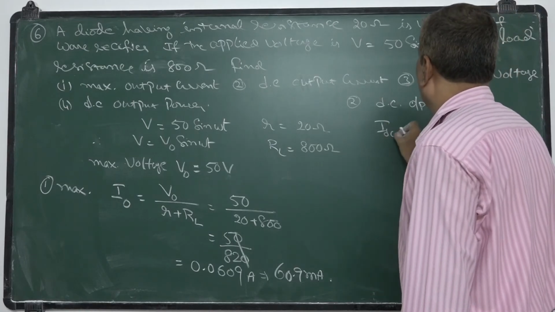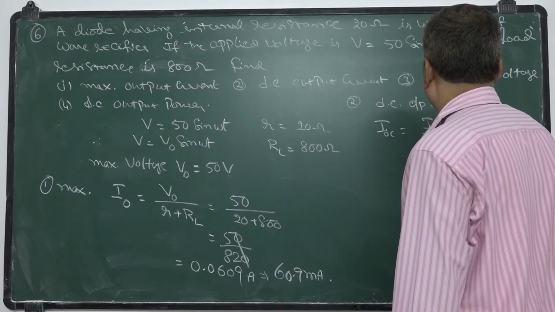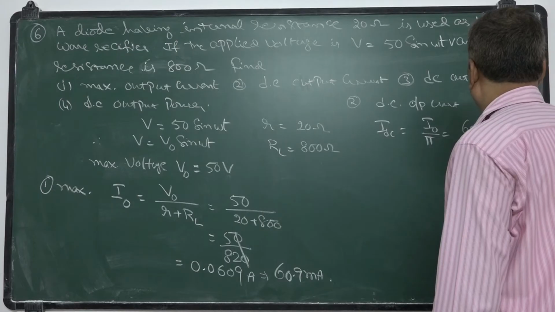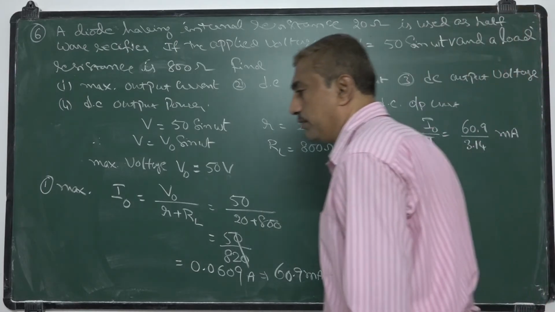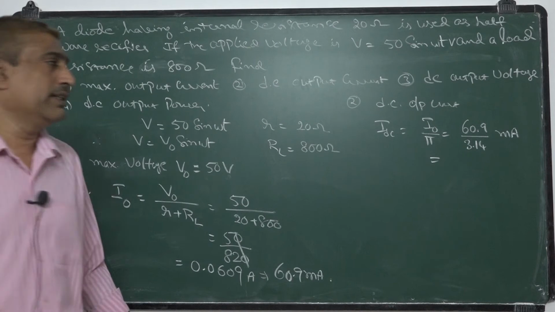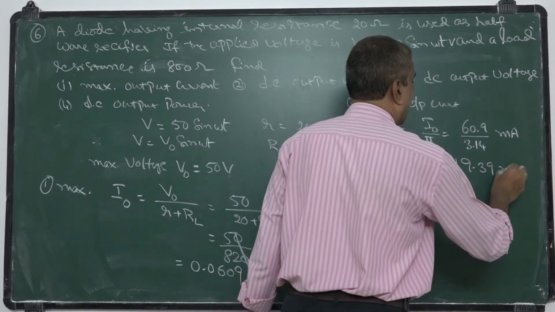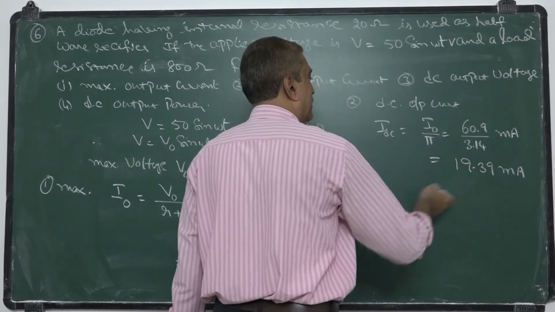IDC is equal to, for a half wave rectifier, I0 by pi, that is 60.9 by 3.14 milliampere, and this is approximately 19.39 milliampere, because 3 twos are 6, so approximately 19.